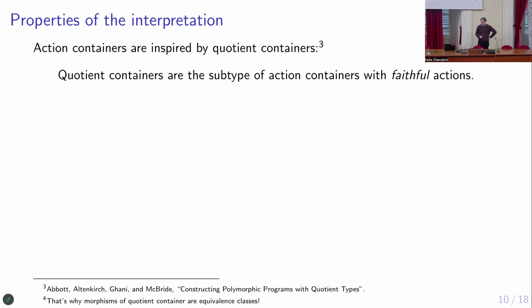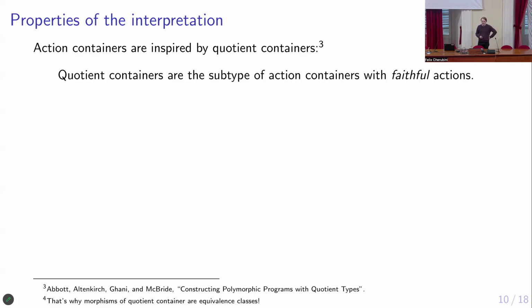Yeah. And all of this doesn't really come out of thin air. I mean, I just presented it to you like that. What I actually took a lot of inspiration from is what are called quotient containers, which are also about 20 years old. And at least we can recover this notion of quotient containers. They're the subtype of action containers where this action is faithful.